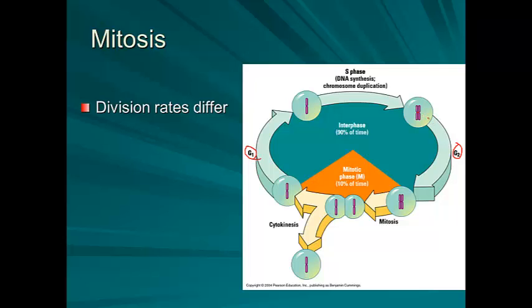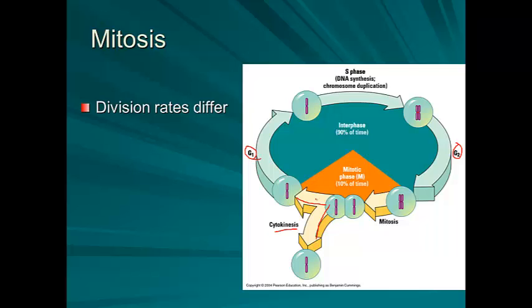Now those duplicated chromosomes finish the interphase and then will undergo active mitosis. So this is the mitotic phase. That cell, now with duplicated DNA, will eventually divide into two different cells. You can see one cell here and one cell here. That splitting off into two cells is called cytokinesis.